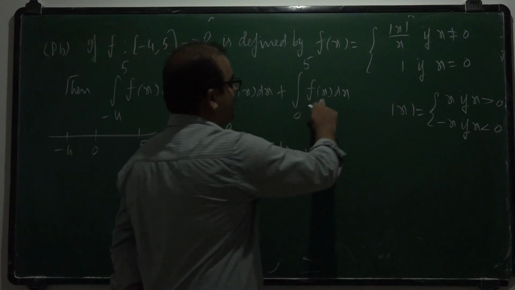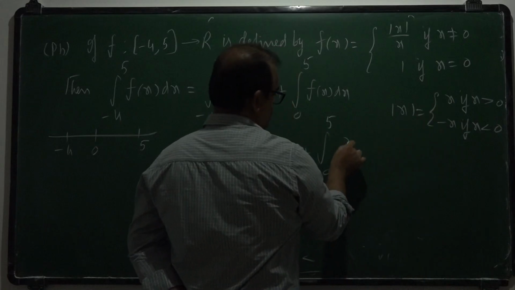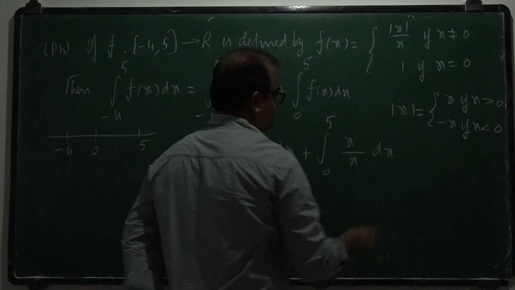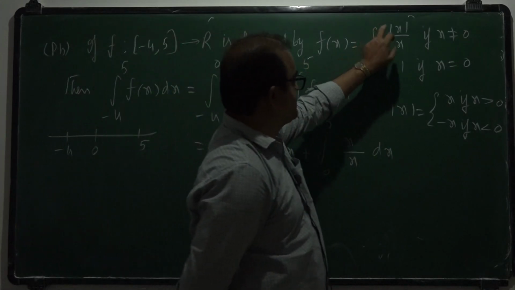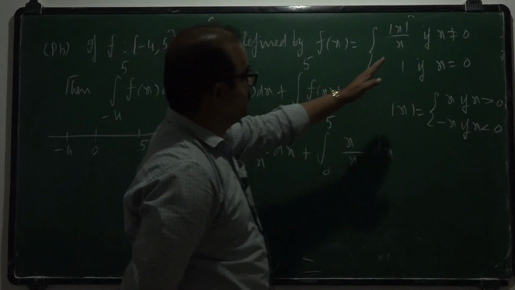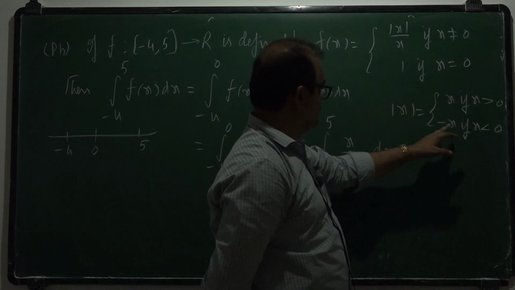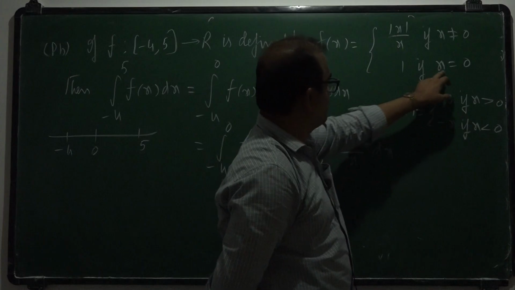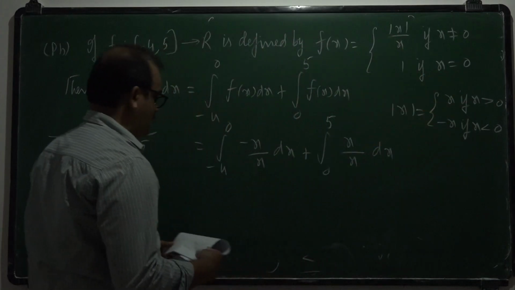When x is greater than 0, mod x value is plus x, so plus x by x into dx. Again see here, f of x is mod x by x if x is not equal to 0. Not equal to 0 means either less than 0 or greater than 0. When x is less than 0, mod x is minus x. When x is greater than 0, mod x is plus x.